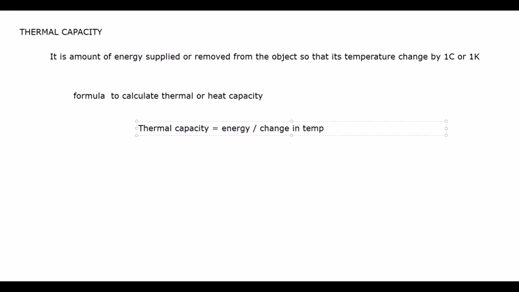And how will we get the unit? As we know, the unit of energy is joules and the unit of temperature can be degree centigrade, so it is joule per degree centigrade, or if temperature is given in Kelvin, it will be joule per Kelvin.